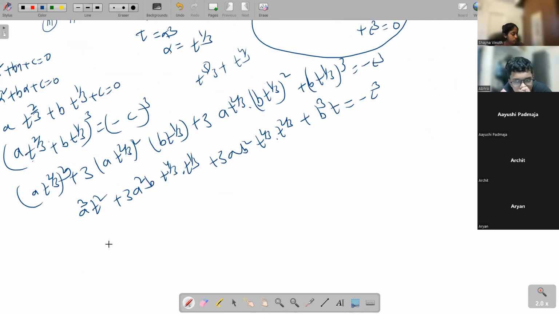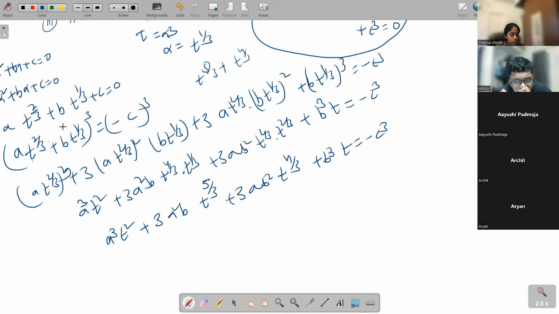Do one thing. This is a cube t square plus 3a square b t raised to 5 by 3 plus 3ab square t raised to 4 by 3 plus b cube t equal to minus c cube. Now from here you can see that we had this kind of relation: a t raised to 2 by 3 plus b t raised to 1 by 3, that is minus c.